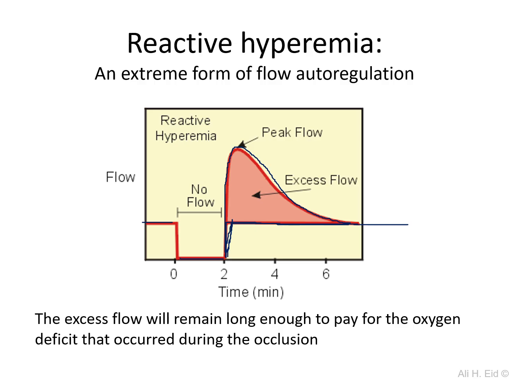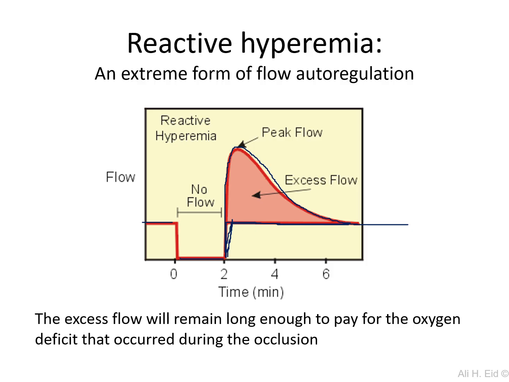So during this occlusion, tissue hypoxia has taken place. A buildup of vasodilator metabolites, including adenosine, is there, and these are going to dilate arterioles. And the reason for that is, think about it as a defensive mechanism. You've realized that there is no blood coming. The tissue is going to want to oppose what just happened.